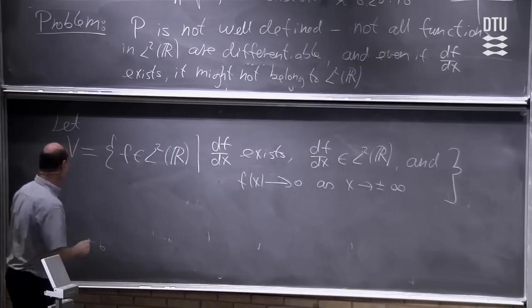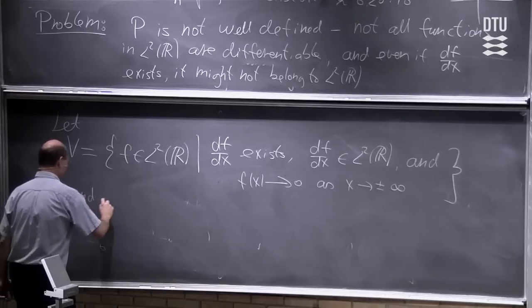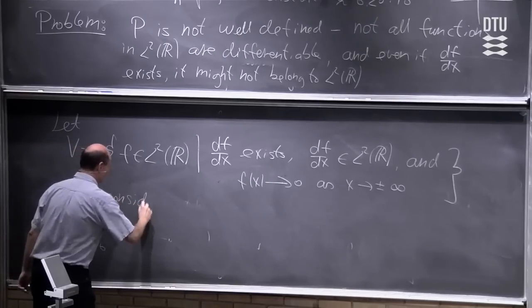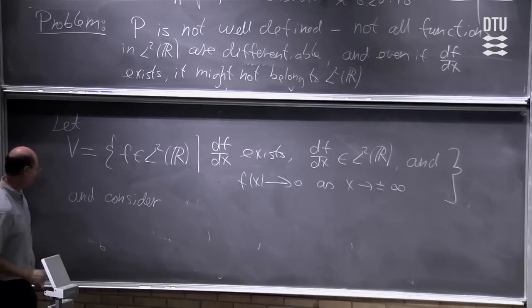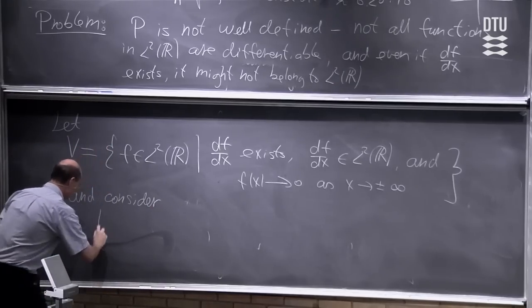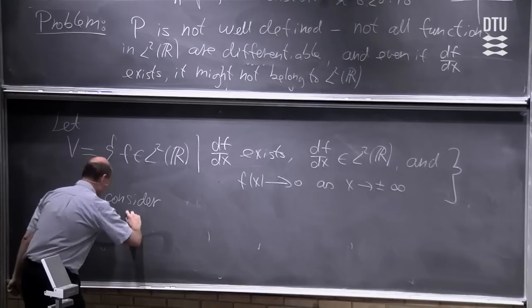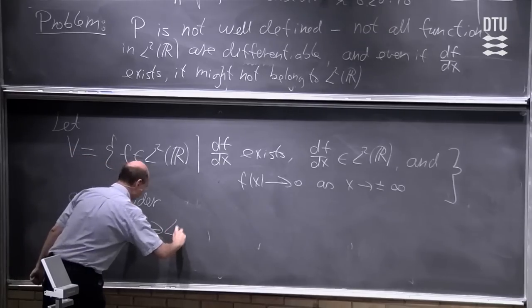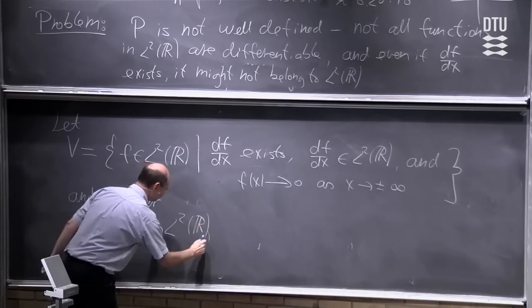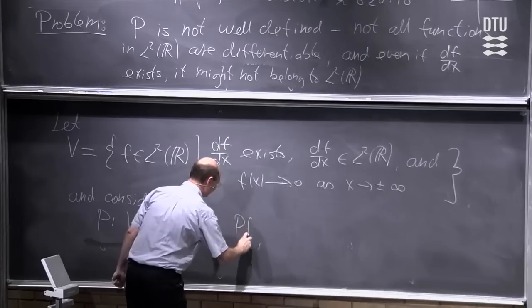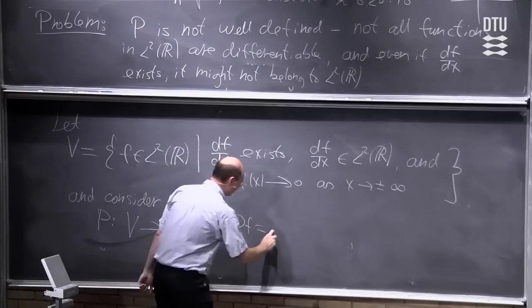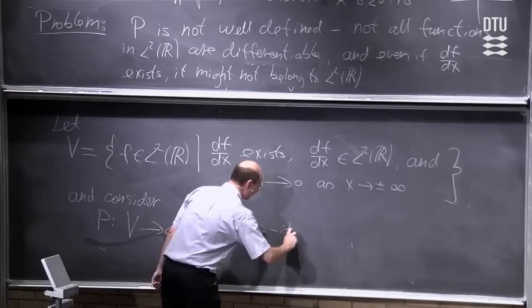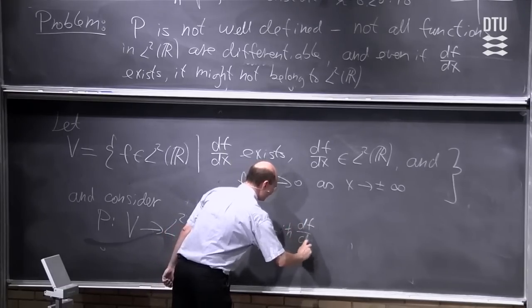So we consider this, and then we consider exactly the same operator. But now we look at P going from the space V into L2 of R, and P of f is the same as before, minus i h-bar df dx.